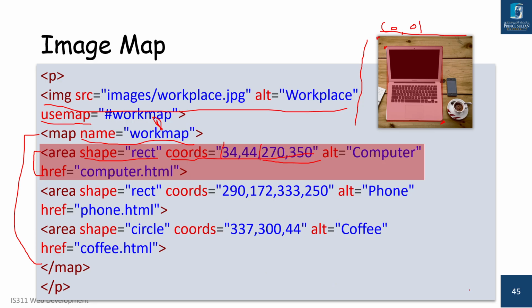Okay. And then for this, what you can say that for, where is my cursor again? So here it is. So then we are specifying the alt and then we are specifying the href property of that area. Area also has the href property. It means that we are saying that if we have specified this href, when we click on that computer inside the image, actually it will take me to this one.